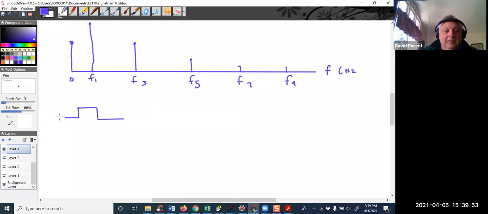So the next question is, I have a 0 to 1, 50% duty cycle, and I want to make a square wave with no DC offset, right?